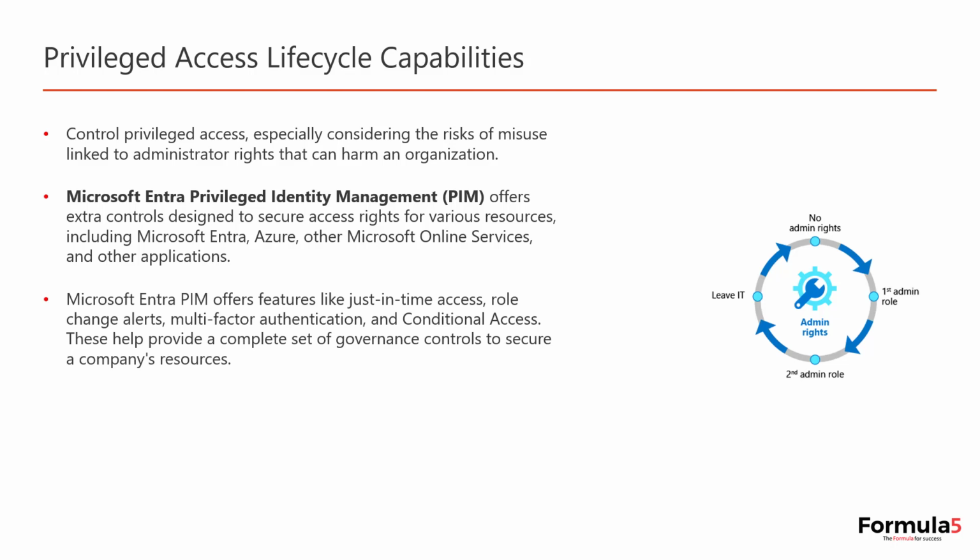Microsoft Entra PIM offers features like just-in-time access, role change alerts, multi-factor authentication, and conditional access. These help provide a complete set of governance controls to secure a company's resources.